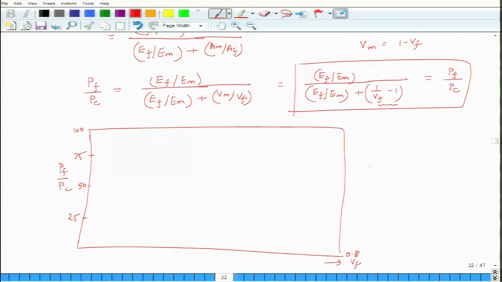We are going to plot this for different values of EF over EM. If EF over EM is 1, then it looks something like this. This is EF over EM equals 1, which means if the fiber and matrix are almost the same, then there is no difference between their behavior, right.